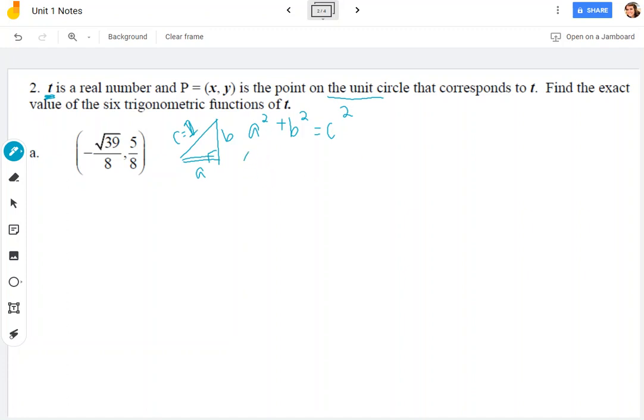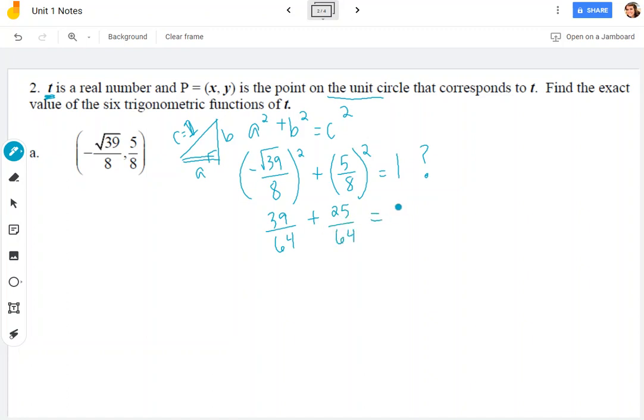So we find negative root 39 over 8 squared plus 5/8 squared equals 1. So this is what we're asking ourselves. If we solve this, we get 39 over 64 plus 25 over 64, which does equal 1. So we're good, so it is a unit circle.